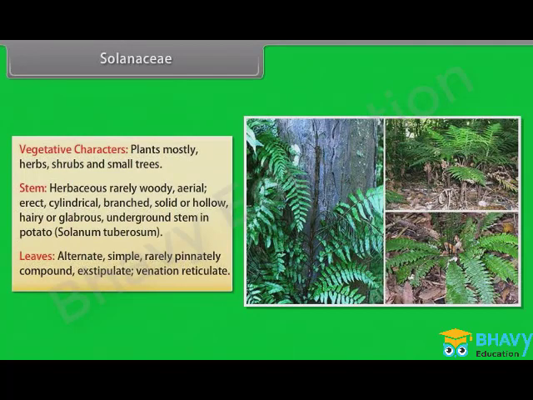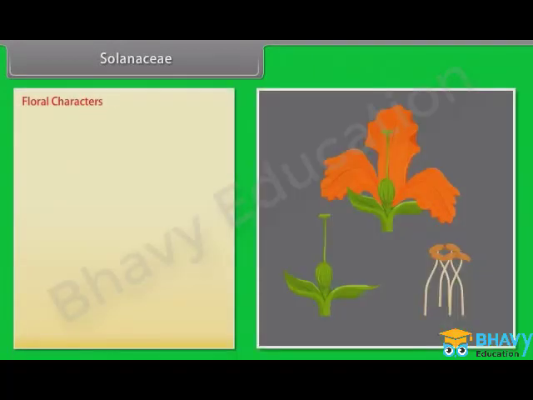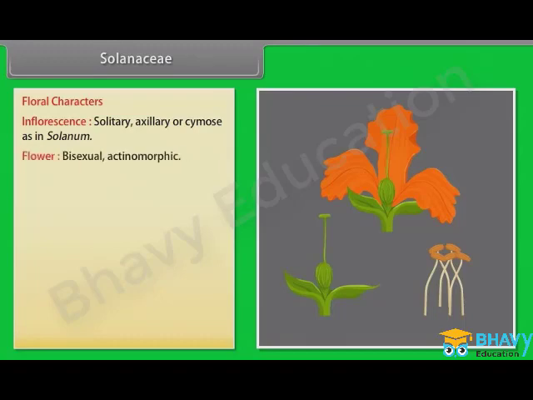Alternate, simple, rarely pinnately compound, exstipulate, venation reticulate. Floral characters. Inflorescence solitary, axillary or cymose as in Solanum. Flower bisexual, actinomorphic. Calyx, sepals 5, united, persistent, valvate aestivation.